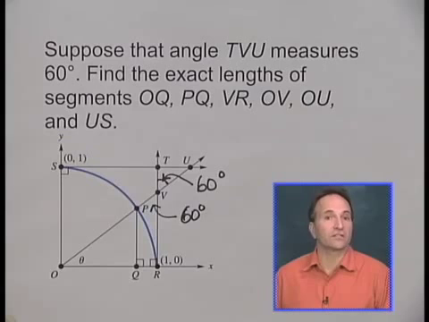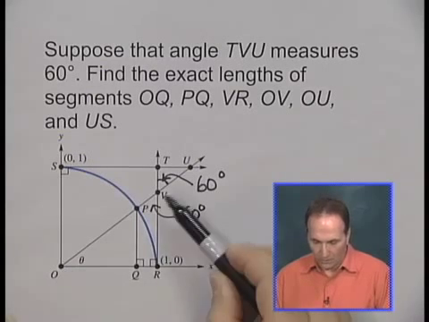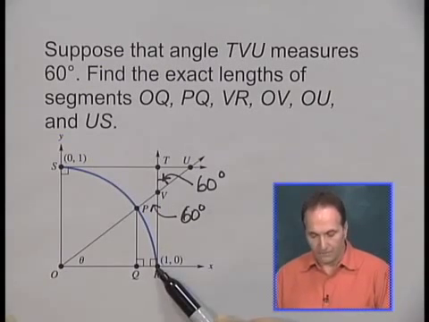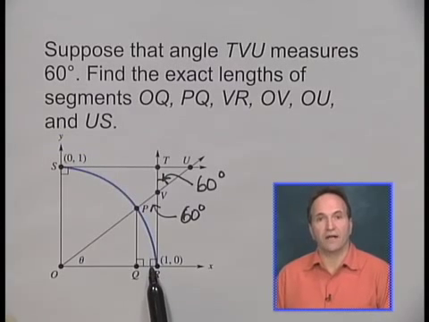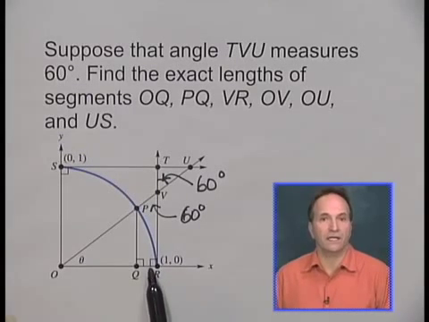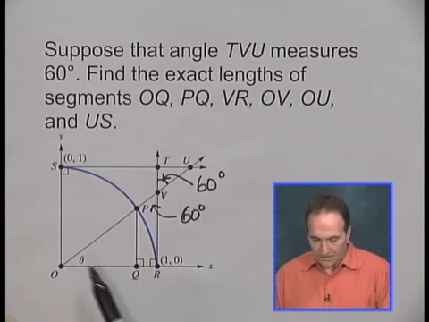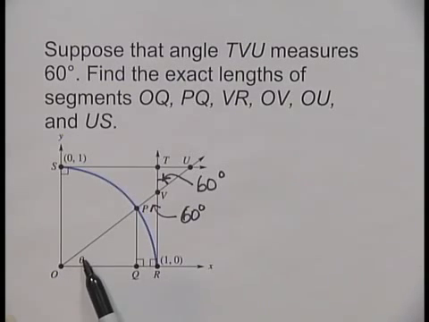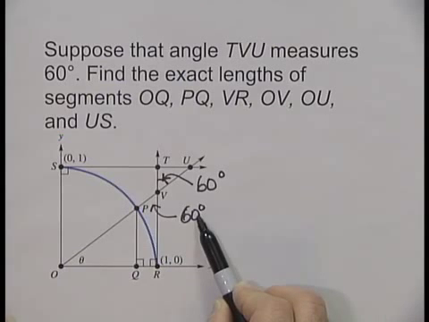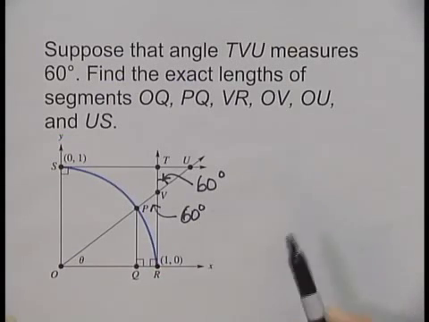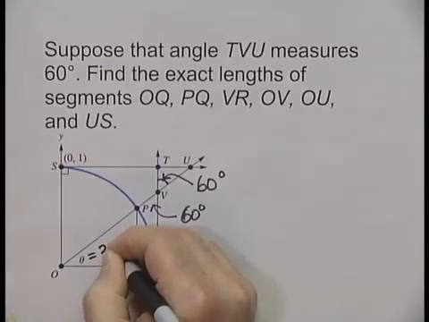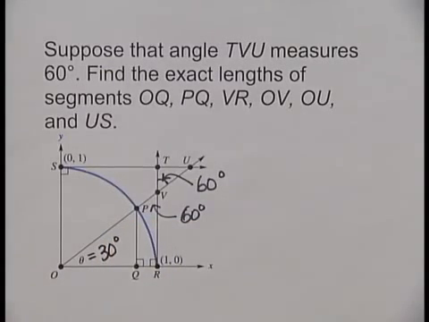If we now look at the triangle OVR, it is a right triangle as signified by the right angle symbol here. And that means that this angle theta is the complement of this angle, which is 60 degrees, and therefore theta is 30 degrees. Now we can take that information and look at it on a larger diagram and then find the exact lengths of each of those segments.